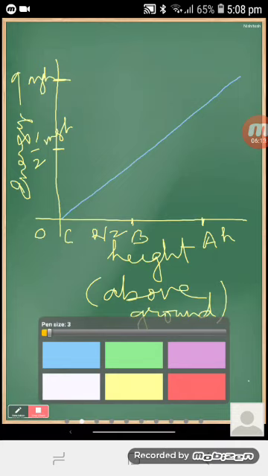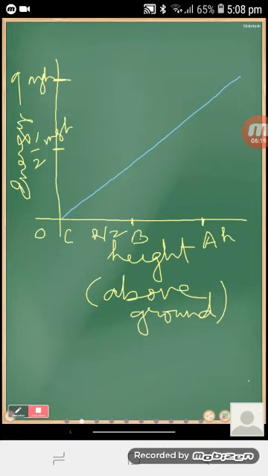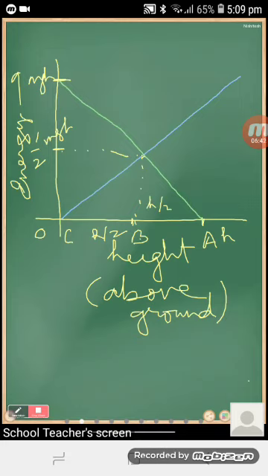Now if I represent the kinetic energy, the kinetic energy is maximum at the ground and it will be minimum at height h. In between, this point is representing h by 2.